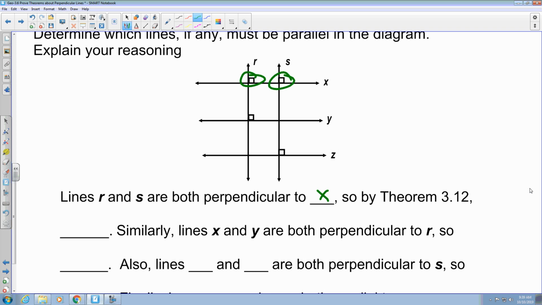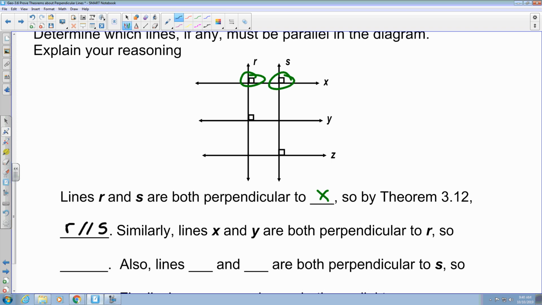Y just has the 90 degrees with R, and Z only has the 90 degrees with S. So that's the only one we can say with validity is perpendicular to both. But so by Theorem 3.12, we can now say that R is parallel to S.